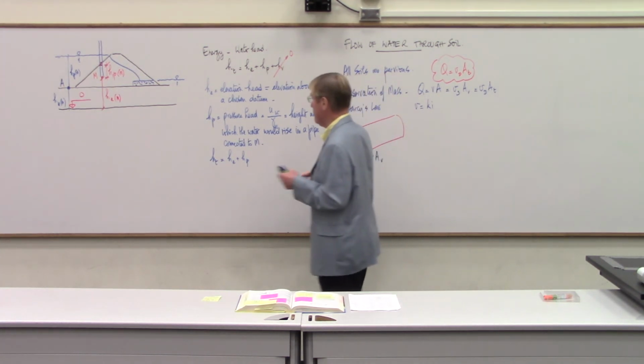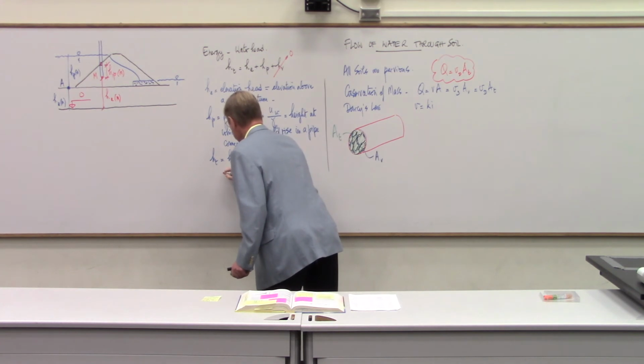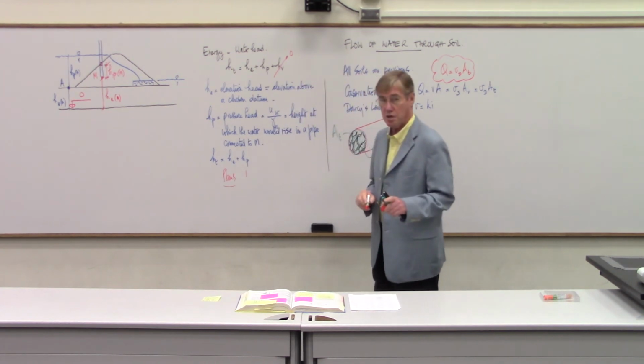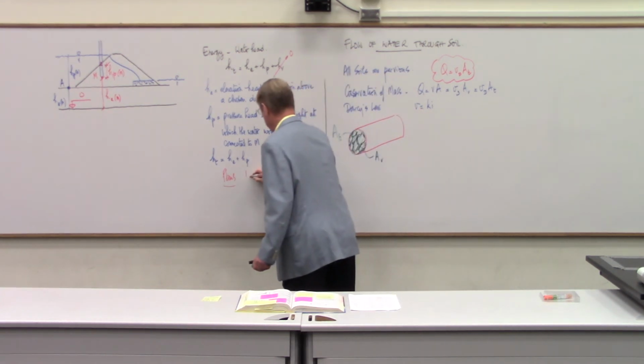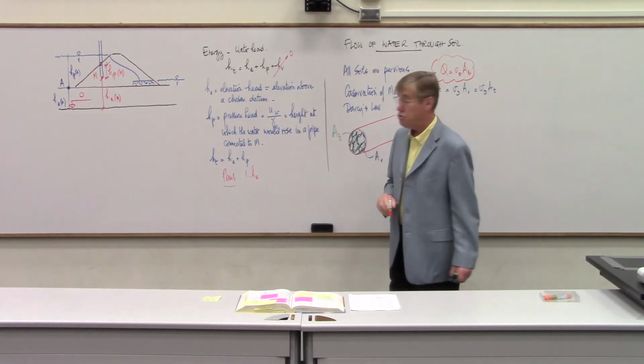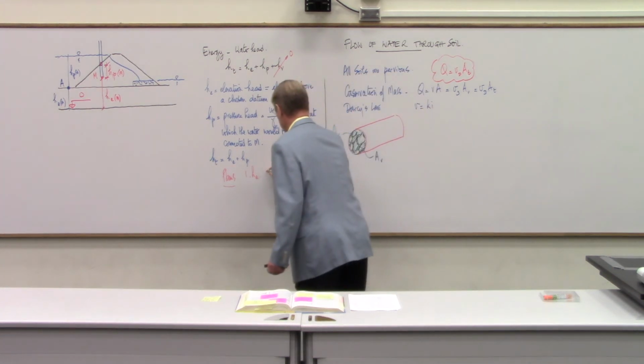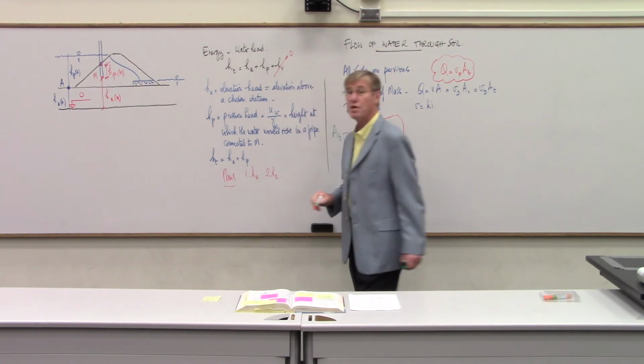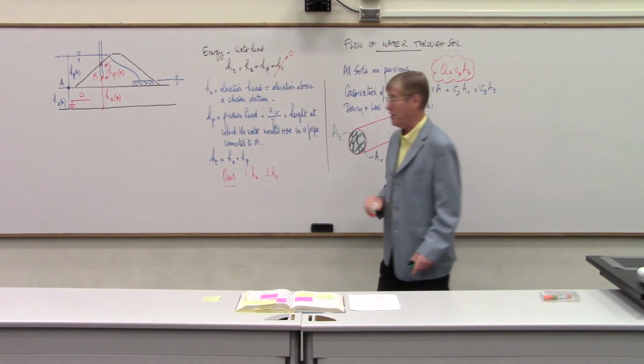So in the problems here, one, you start with the elevation head, H_E. Two, you calculate the total head. And you do that using flow nets.